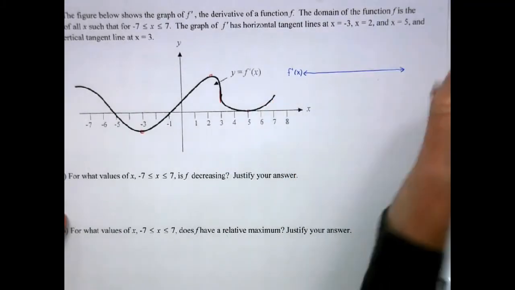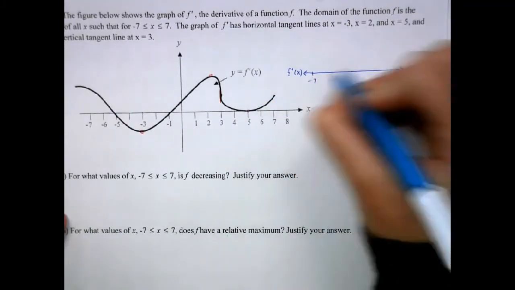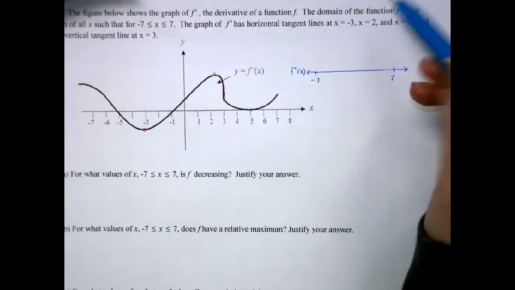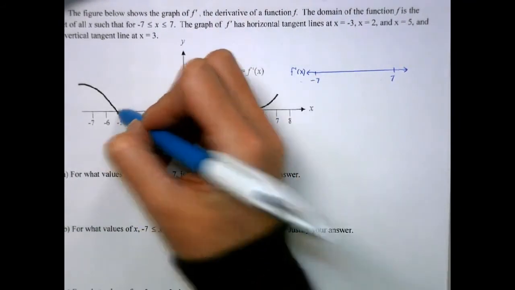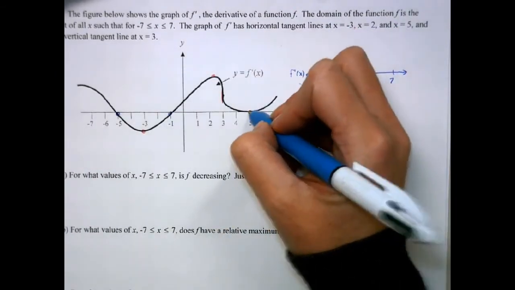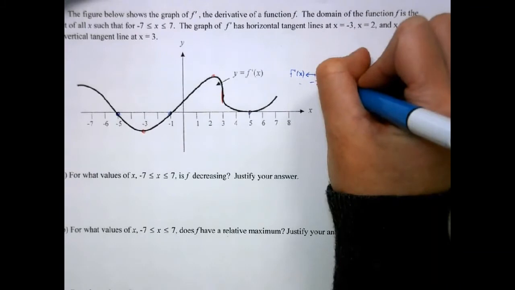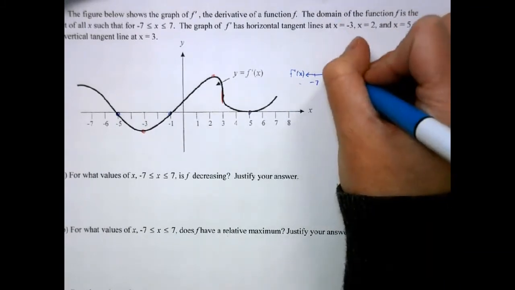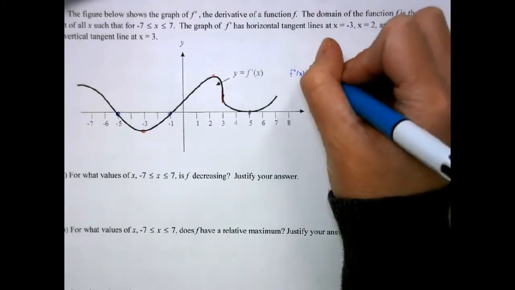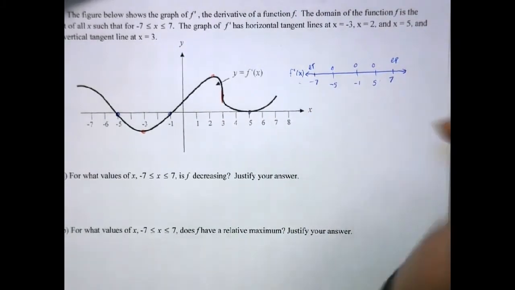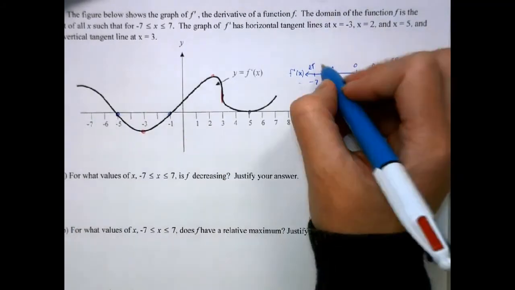Okay, so we're going from -7 to 7. The critical points are where f prime equals 0, which on the graph is where it crosses the x-axis. So -5, -1, and 5. It is 0 here, 0 here, 0 here. You can label these as endpoints. Then if it is above the x-axis, it is positive.